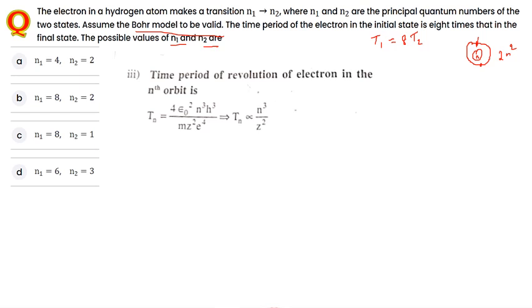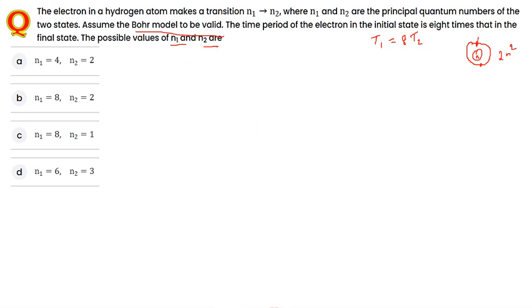This is the formula. Forget about the other values, we are only going to concentrate on the principal quantum number and the atomic number. This is a hydrogen atom, so the atomic number here is 1, so Tn is proportional to n cube. So T1 is proportional to n1 cube, and similarly T2 is proportional to n2 cube.